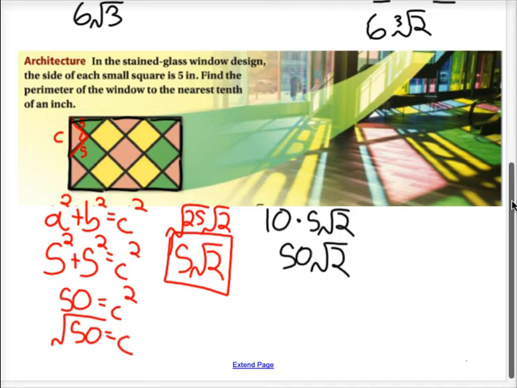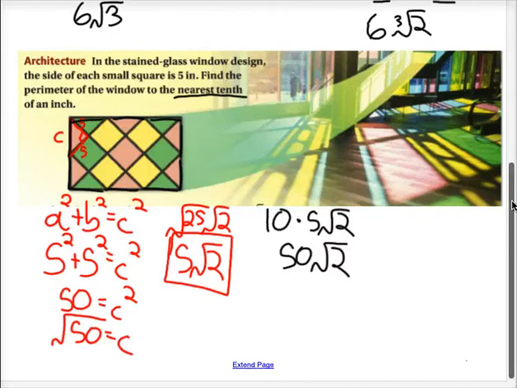Now, as nice as it is to have an exact answer, I don't like rounding until the very end of my problems. But if you want to know how much that perimeter is in a real world context, having 50 square roots of 2, that's really not telling you very much. So that's why it's telling you to round to the nearest tenth.